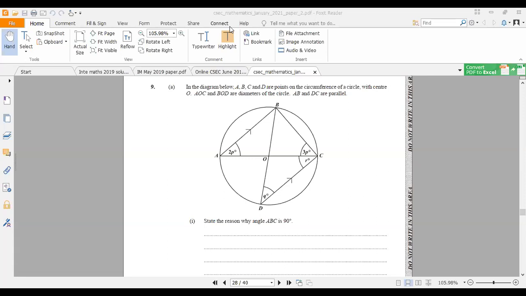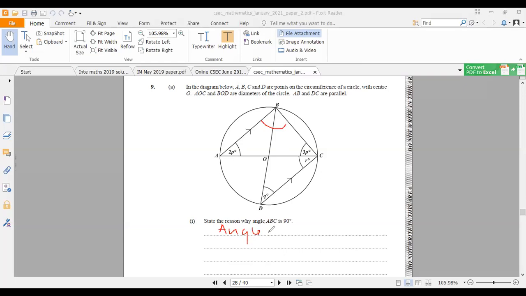That is straightforward, right? The reason being, for those of us who don't know, this is the angle in a semicircle. It's opposite the diameter. So we say that it's 90 degrees because of the angle in a semicircle.